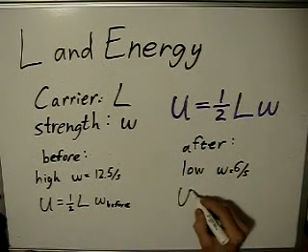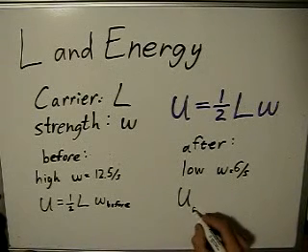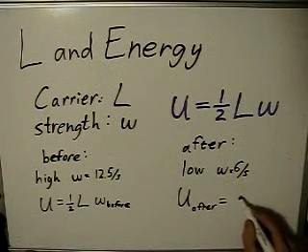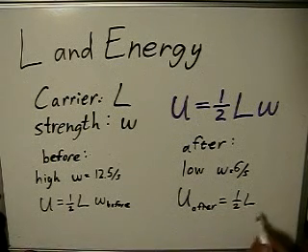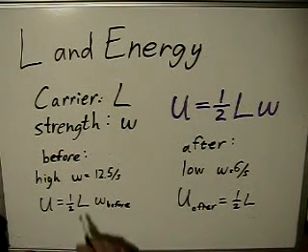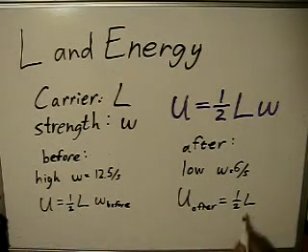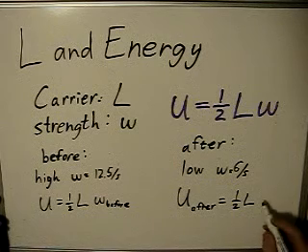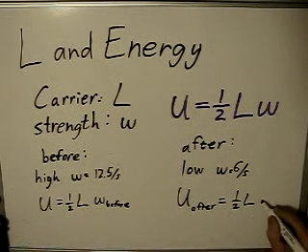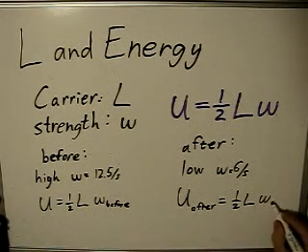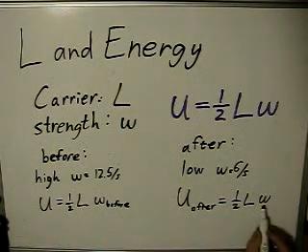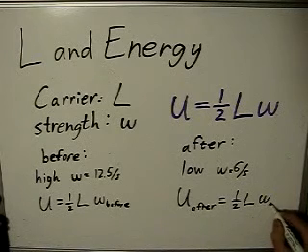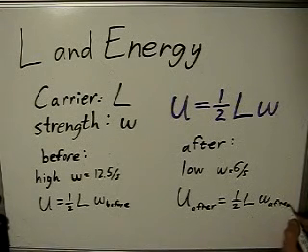And the energy after would be 1/2 times L. It was the same L afterwards as it was before. It just was shared by the two different plates rather than being all in one plate. So this L must be the same as that one. But the difference is that the rotation speed after here is smaller than it was before. So this is after.